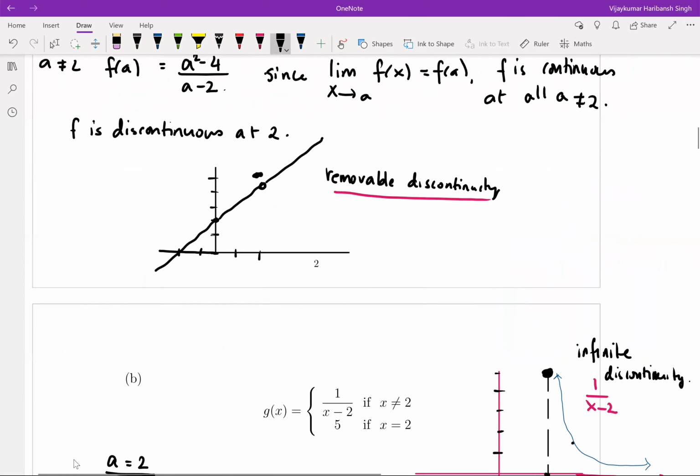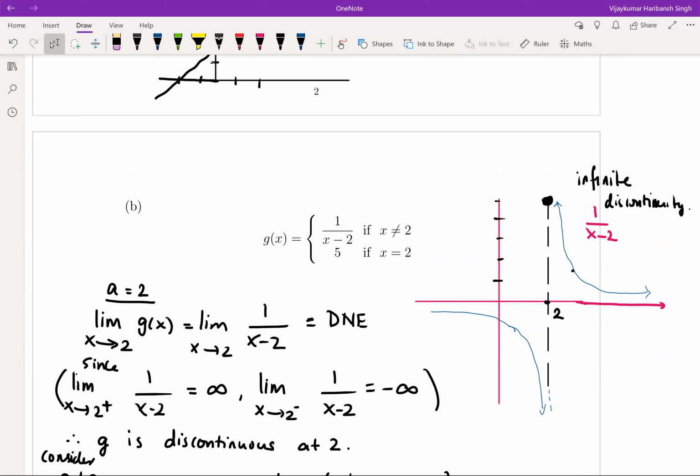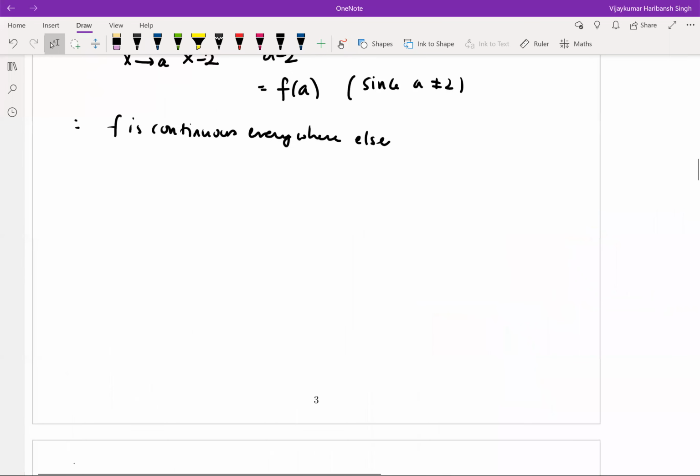The previous one was a removable discontinuity that could be fixed. What do we mean by fixed? It can be fixed by basically just changing the definition of the function at one point. Here, no matter what you define the function value at 2, the discontinuity cannot be fixed. Okay. So let's move ahead and look at the next problem.